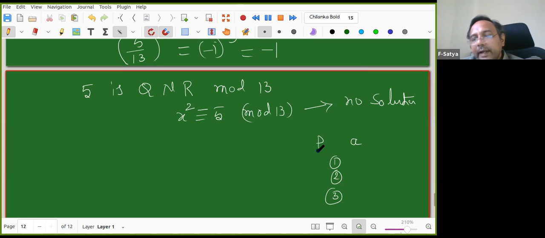One method is the definition; the other is that a to the power (p minus 1)/2 you can compute by repeated squaring, an algorithm from computer science. Then we divide by p, and it is 1 or minus 1, not more than that, which we can see by Fermat's little theorem.